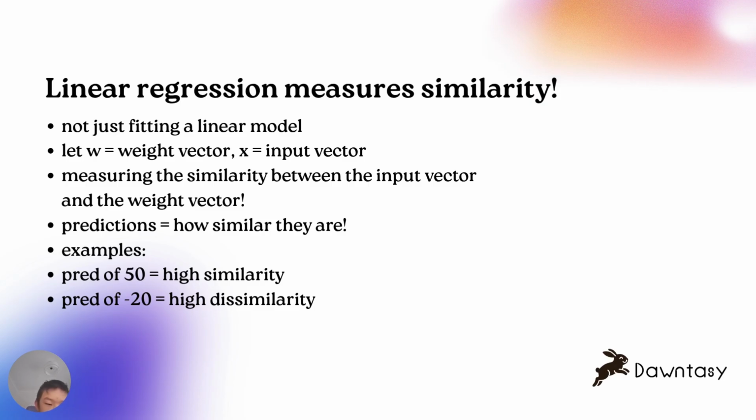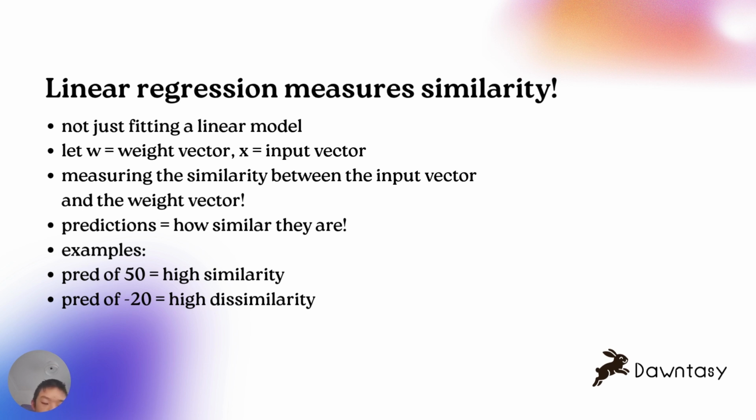And the predictions that this model makes, for instance, 500 or 200, are not just a prediction, but also a measure of how similar the weight vector is to the input vector. So if you predict 50, even though it sounds very counterintuitive, it implies high similarity. And a prediction of negative 20 implies high dissimilarity, so they're not very similar.